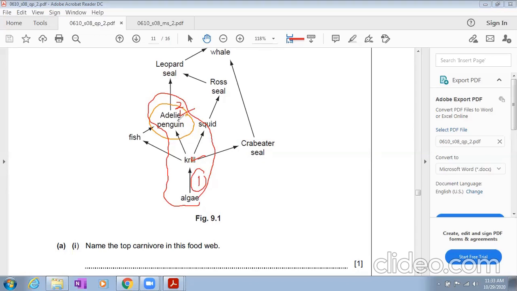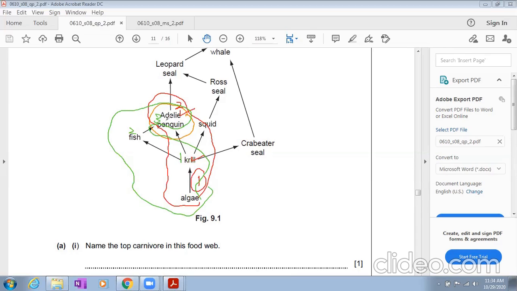And in another food chain, which starts from algae, coral, fish, and this penguin, the penguin occupies the tertiary position.